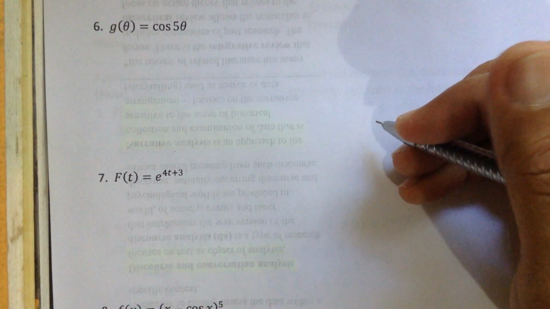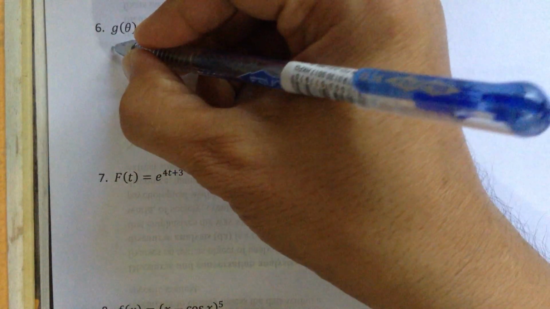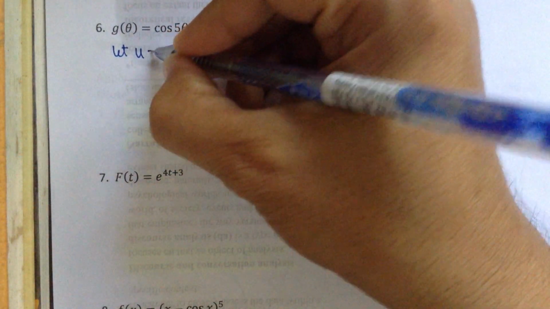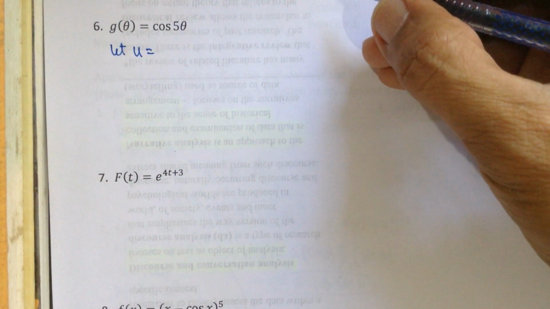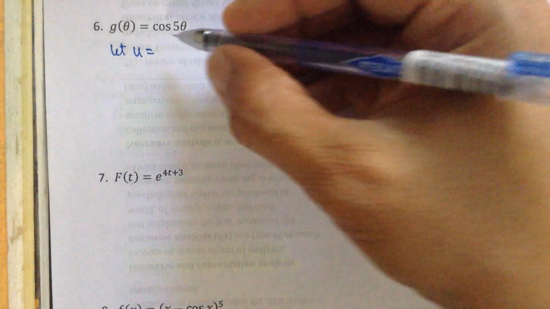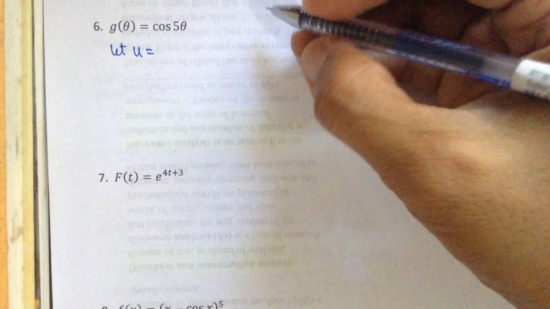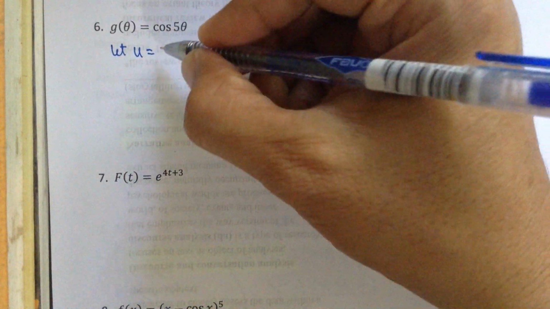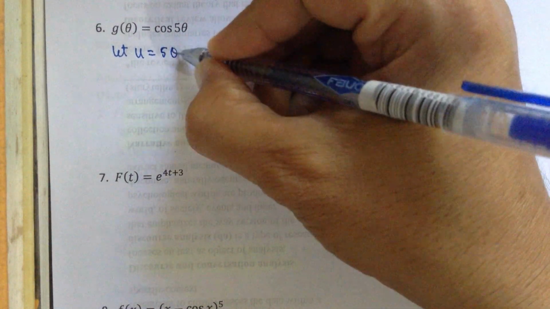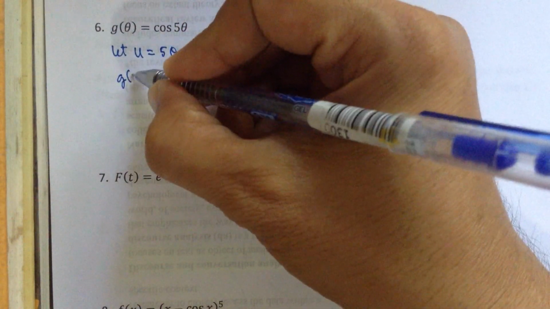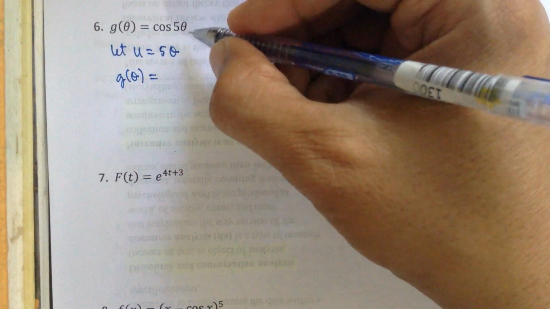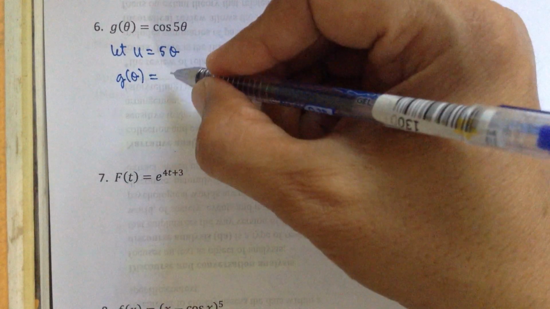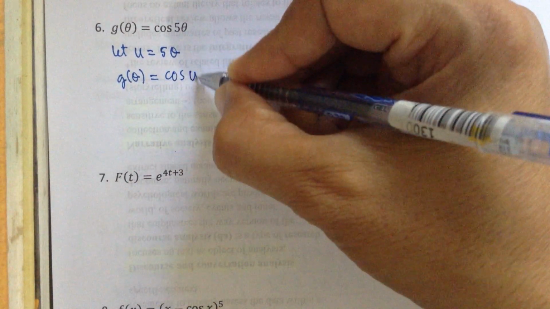Okay, if you recall, it is always important to choose your u so that the function can be written in simpler form. Here, your u is obviously the argument of cosine, which is 5 theta. Then the next step is to rewrite the function, replacing 5 theta with u, so you have cosine u.